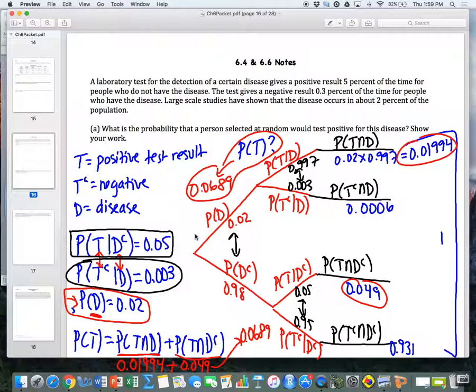Here's how I knew that I had to draw the tree. Let's say you didn't know and you just used that P of T and you tried to figure it out by hand. This is what you would get. Anytime that you're given a conditional probability, try to set up the formula and see where it takes you.